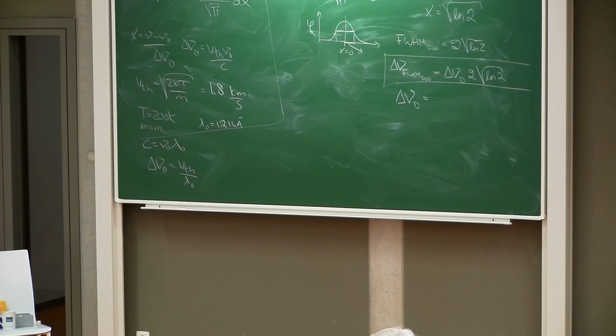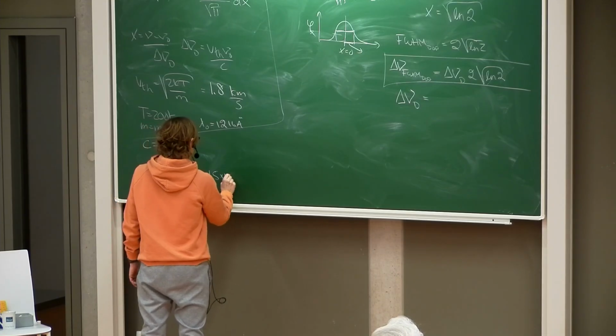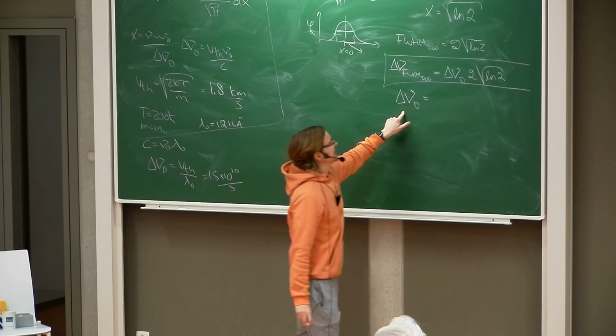So you can call this delta nu, perhaps. It's V thermal divided by 1216 times 1e-8. So 1.5 times 10 to the 10 per second. We plug this into here.